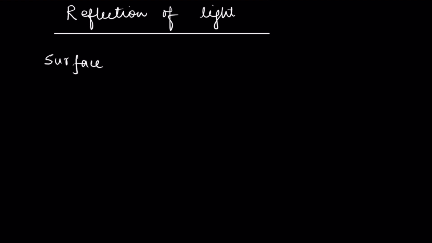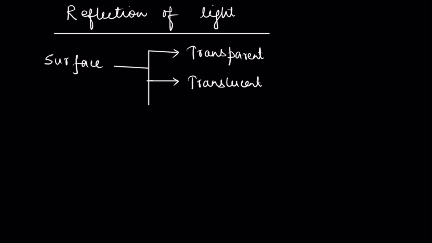Reflection of light. Here, if we take any surface, we can define it into three parts: transparent, translucent, and opaque.